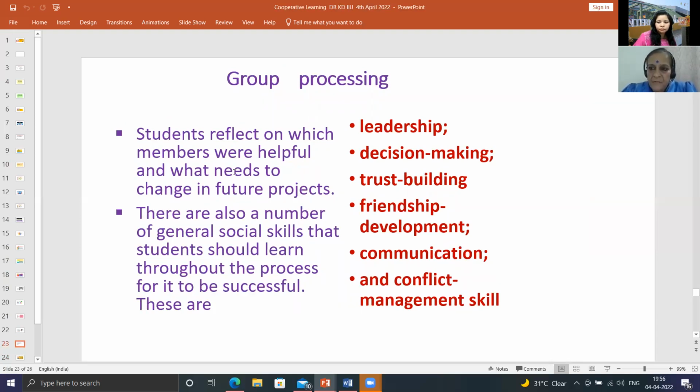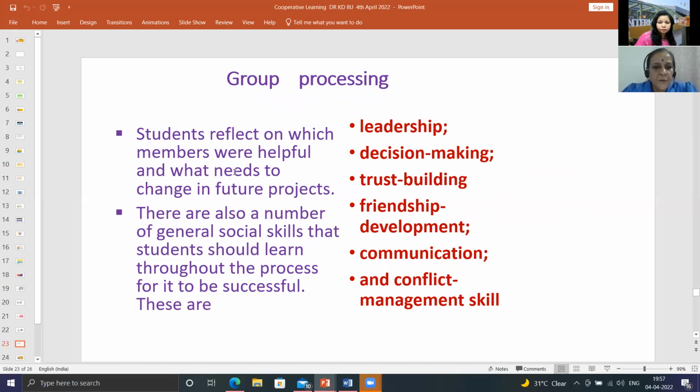Either the group leader will be changed, retained, or replaced, depending upon their performance and how they are taking their responsibility. So students reflect on which members were helpful and what needs to change in future projects. This is very important. If a candidate of a particular group is not active, they can remove them immediately with the discussion of the teacher.